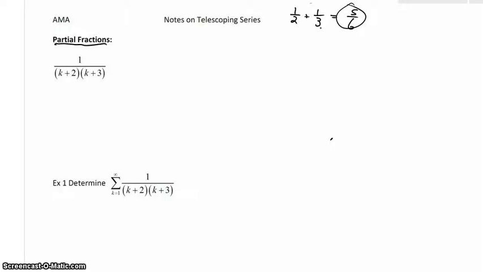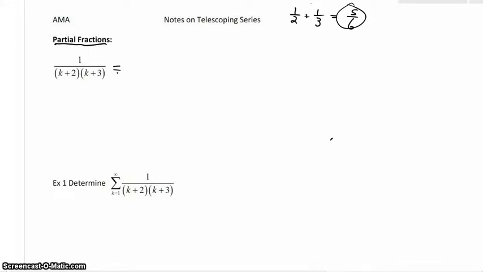But to jump in here, take a look at this algebraic fraction: 1 over (k plus 2)(k plus 3). This methodology says, look, I don't have specific knowledge of what my denominator is exactly. It's all abstract.